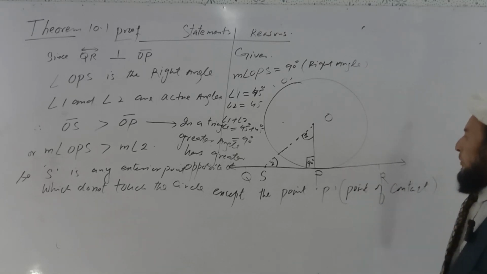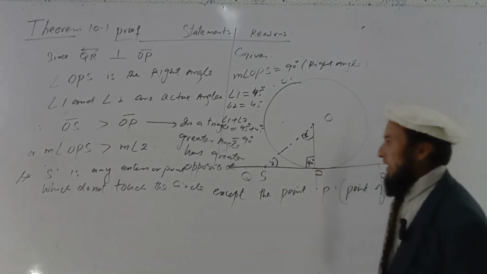P is the point where the line touches the circle, just one point.